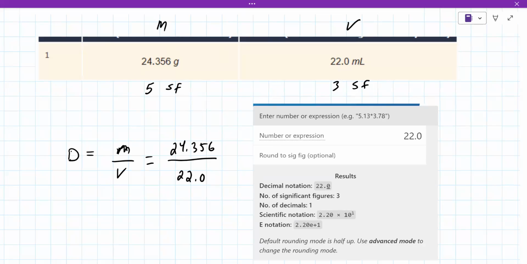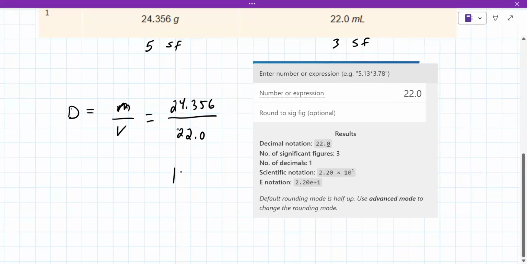So grab your calculator, I'll grab mine. 24 point. All right, so the answer is, and this is where, because it's 3 significant figures, you want to write out 4 digits at least. These are kind of guidelines. So 4 digits, you count them all. And then because it's 3 significant figures, we're rounding this 0 and it's going to round up. So this becomes 1.11, and then you need units: grams per milliliter.